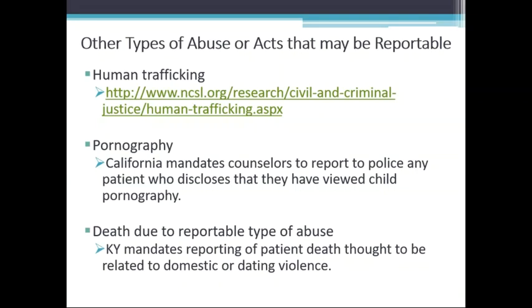They may be the only state in the whole country that has something as specific as, for example, the state that I mentioned at the beginning, California. More recently, all mental health professionals and counselors are required to report to police any patient who discloses to them that they have ever viewed child pornography.